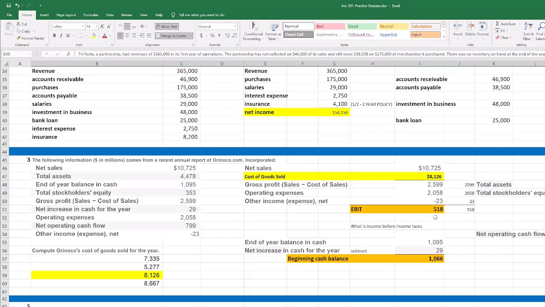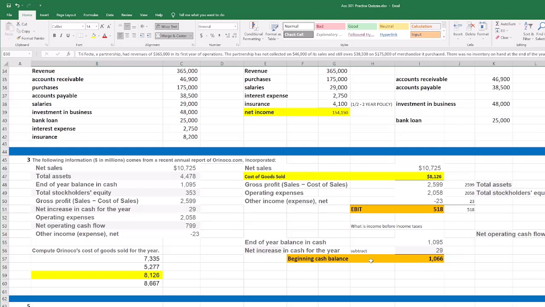All right, what if it wants to know the beginning cash balance? We're going to take the cash information that we have over here. We have end of the year cash balance, and we have increase in cash for the year. So those are the 2 cash things we have. End of the year cash balance is $10.95, and we have net increase in cash for the year. We're going to subtract that because we want beginning cash.